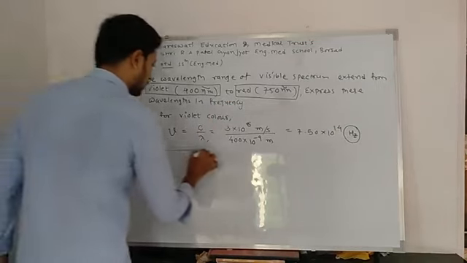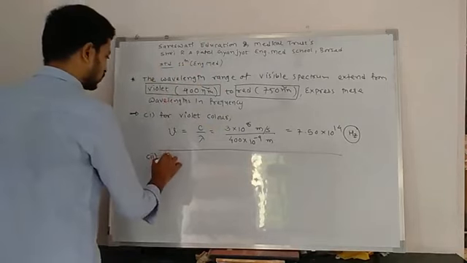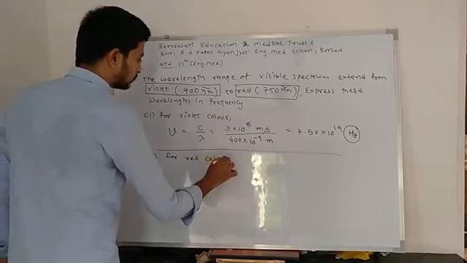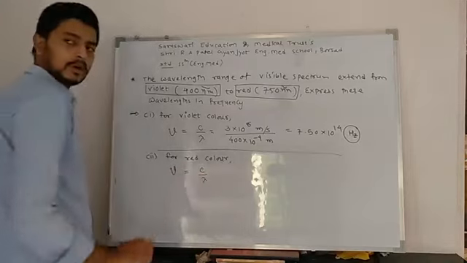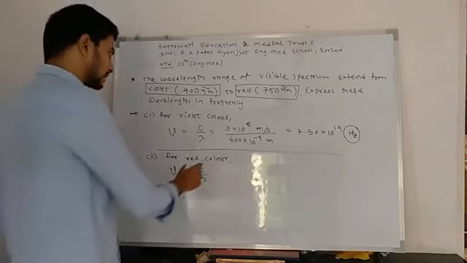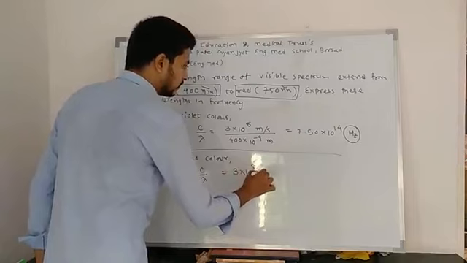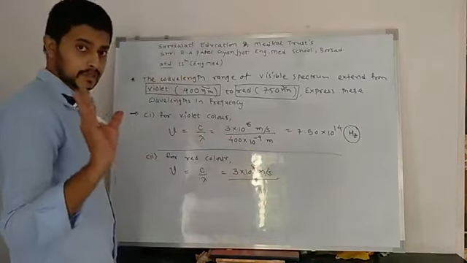In the same manner, you can calculate for red coloration. Frequency nu is equal to C upon lambda. Now what is C? It is the distance traveled by light in 1 second, so it is 3 into 10 power 8 meter per second.